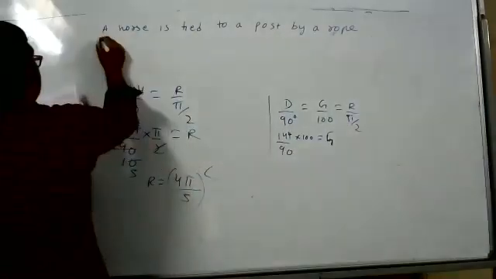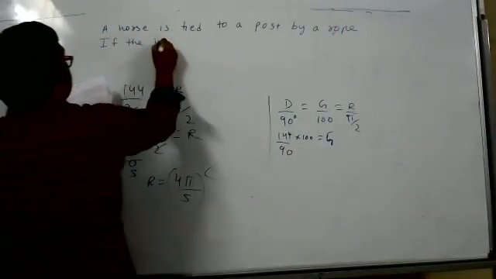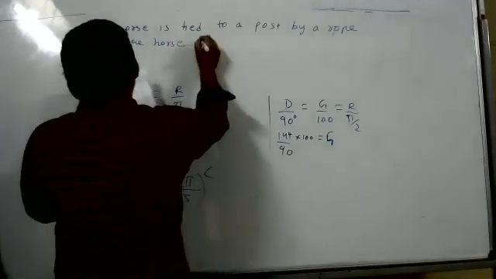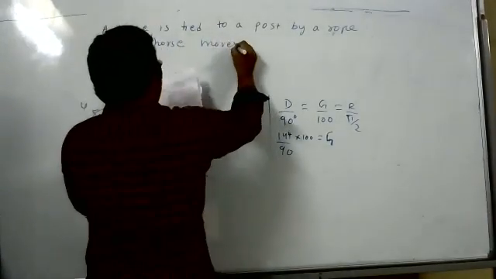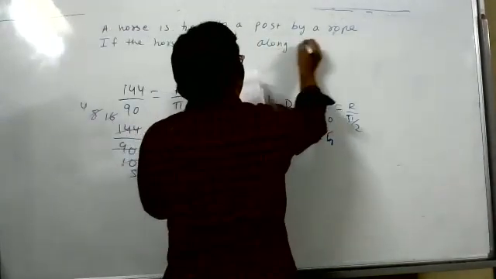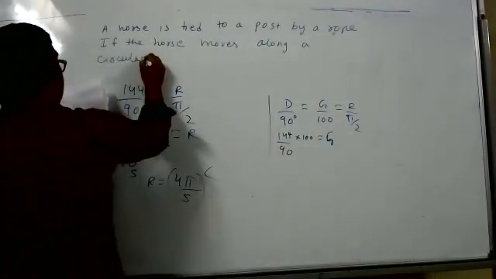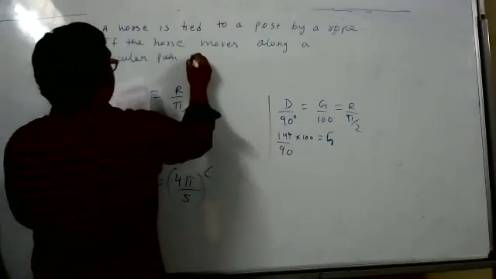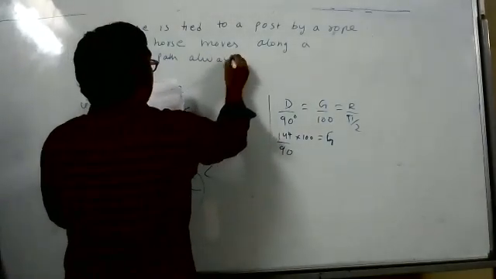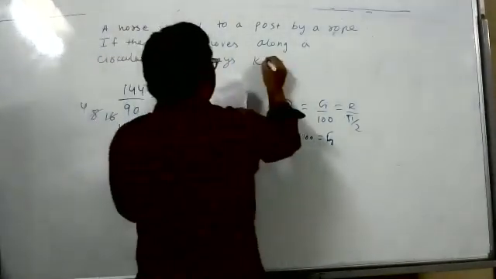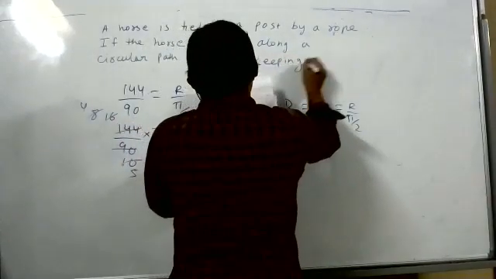If the horse moves along a circular path, always, the horse will move along a circular path always, keeping the rope tight.